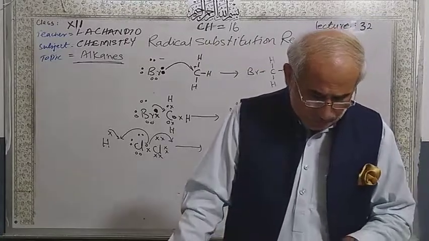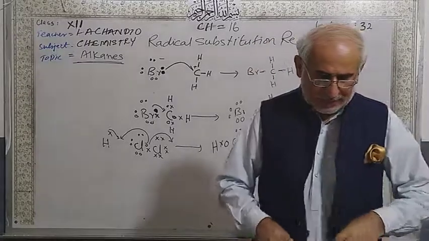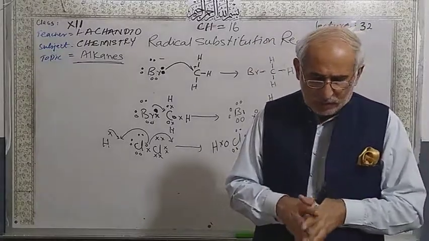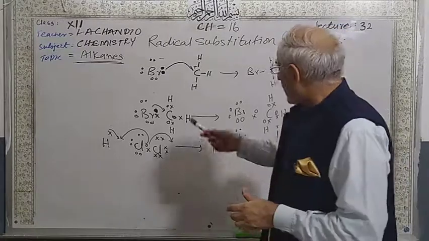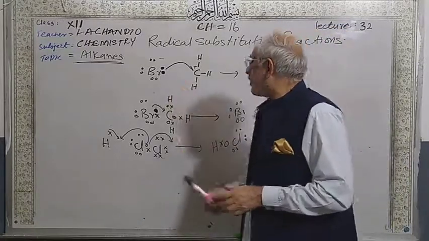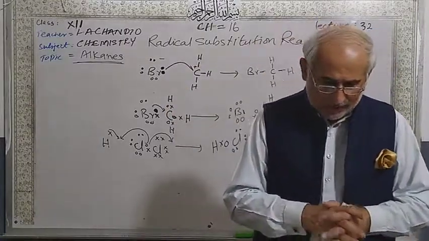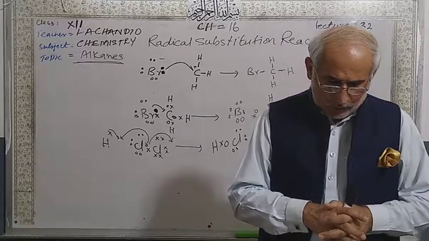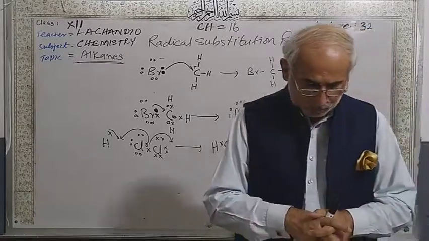Now, in the first case, I told you about the bromine and the carbon, where an unpaired electron is going to be formed. That's why a half-headed arrow is used for the formation of the covalent bond between the bromine and carbon.